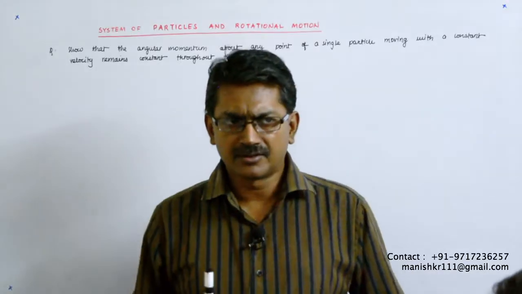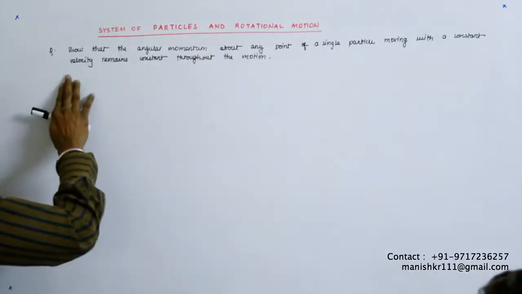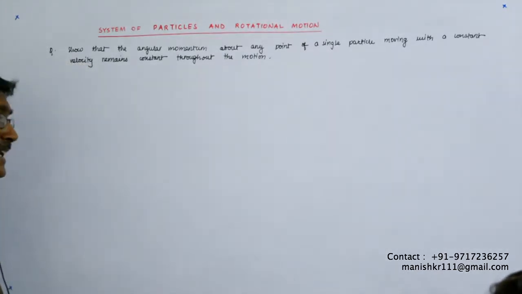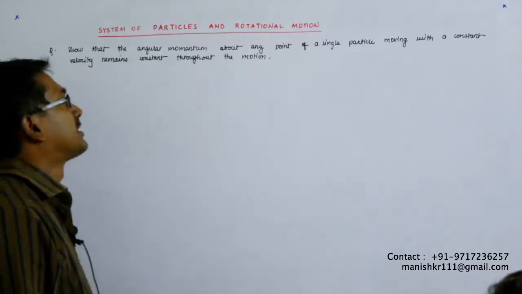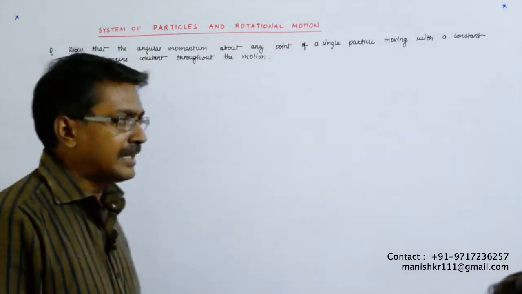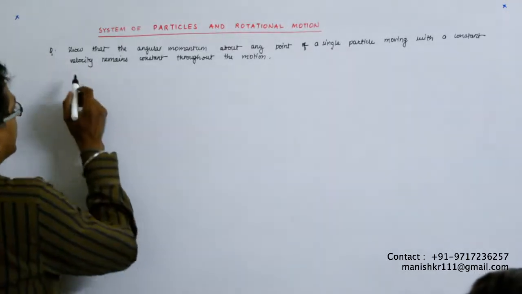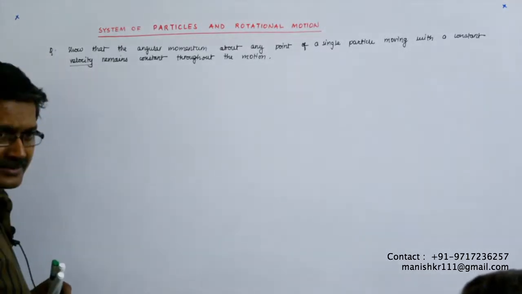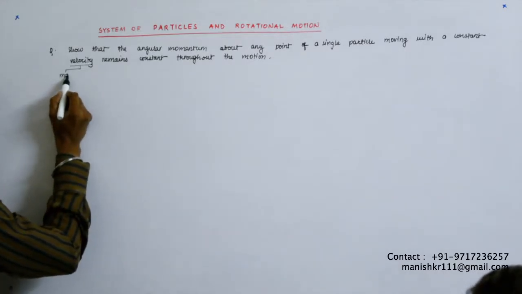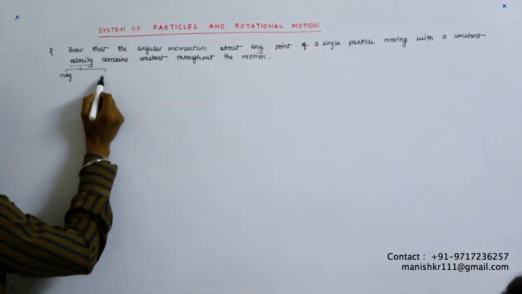So let us try to solve this question. It says: show that the angular momentum about any point of a single particle moving with a constant velocity remains constant throughout the motion. Right? Now the moment someone says velocity, it has two aspects: magnitude and direction.